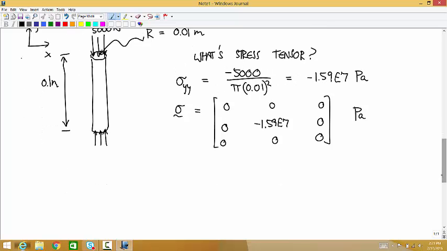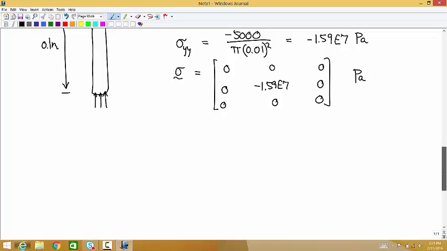And so what happens if those external loads aren't uniformly distributed?